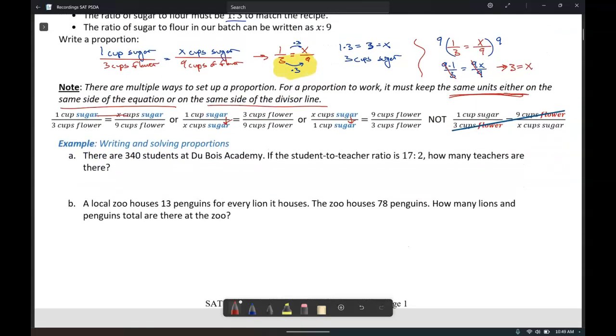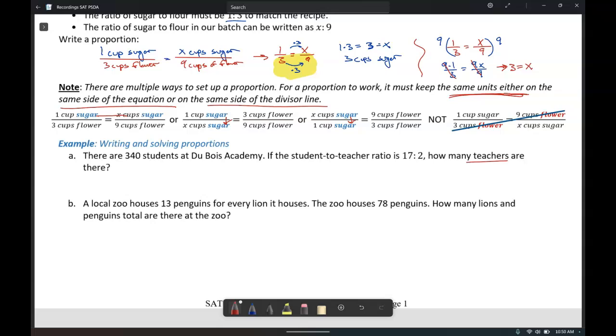So let's go ahead and use a couple examples and proportions to solve these examples. There are 340 students at Dubois Academy. If the student to teacher ratio is 17 to 2, how many teachers are there? So we have to look at the ratio where we are comparing the students to teachers. Okay, we're given the ratio of students to teachers, and we want to solve for the number of teachers.